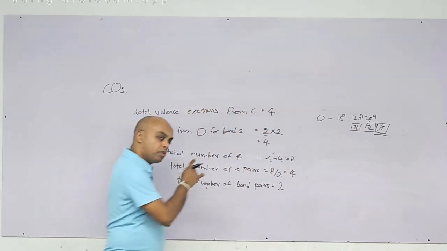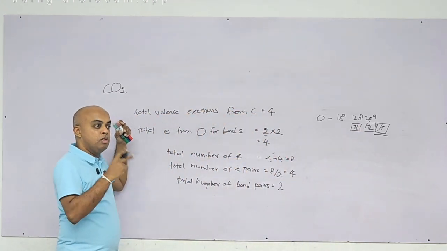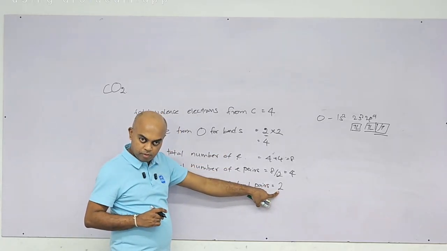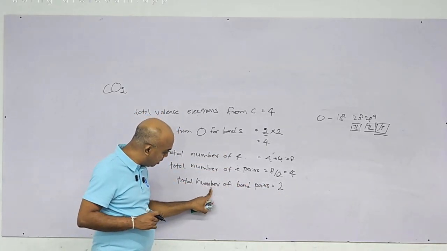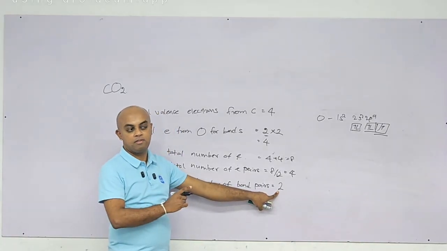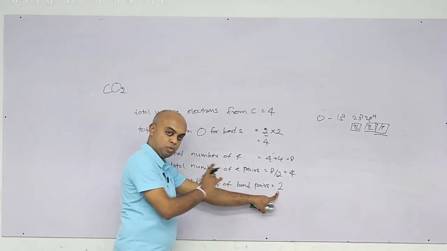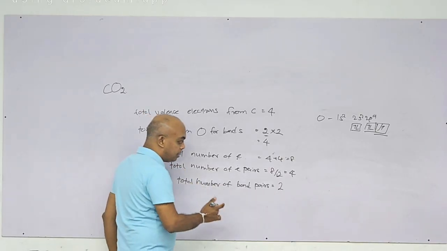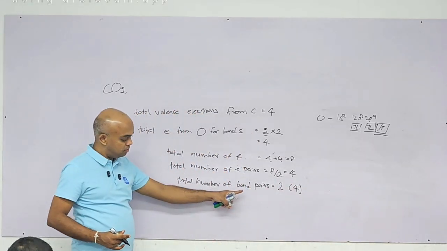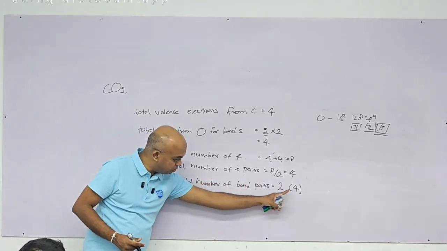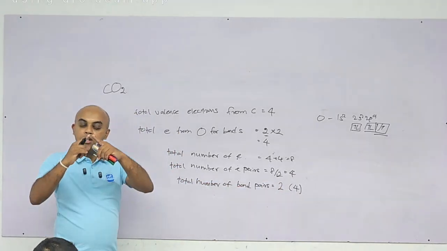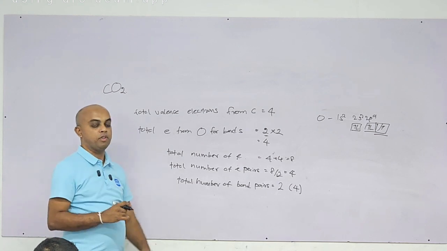So each oxygen is consuming 2 bond pairs. Even though there are 2, bond pairs are counted from terminal atoms. But this is consuming 4 electron pairs, because each oxygen atom should create a double bond or 2 single bonds.